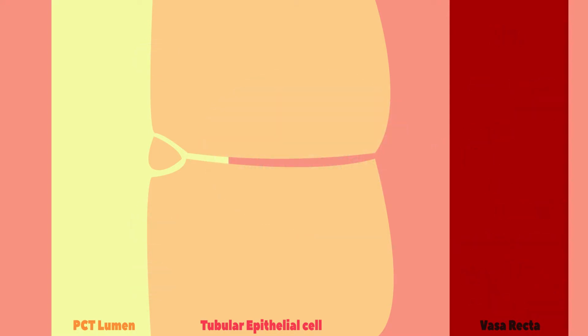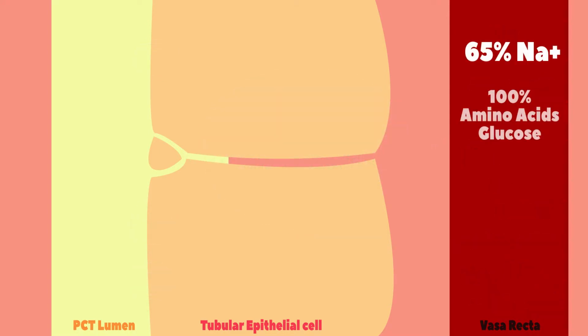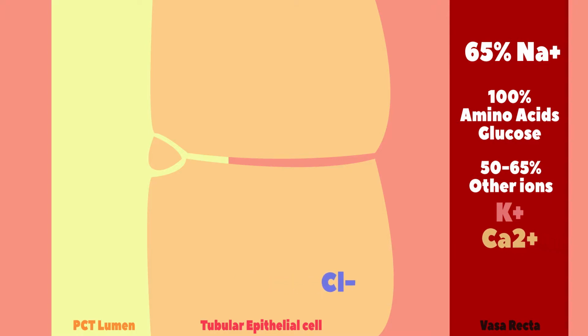In addition to the 65% of sodium and 100% of glucose and amino acids that are reabsorbed here in the proximal tubule, approximately 50 to 65% of other ions, such as potassium, calcium, and chloride, diffuse through and in between cells, ultimately being reabsorbed back into the blood.